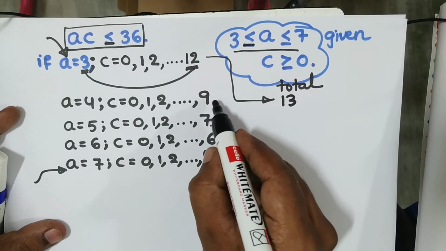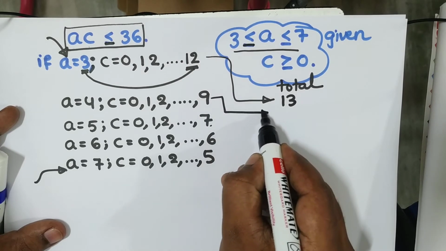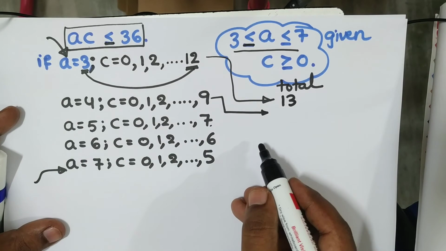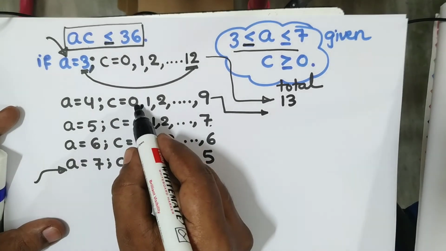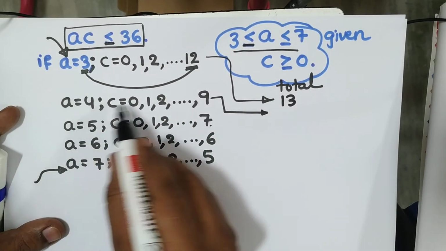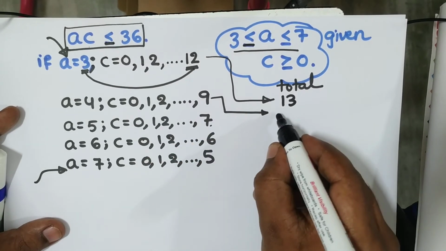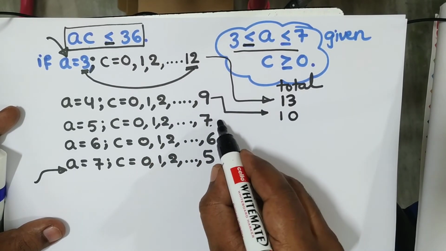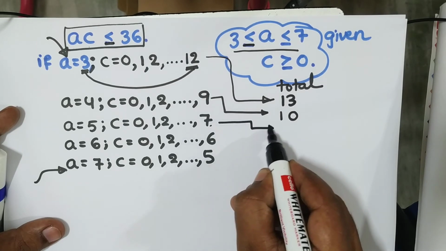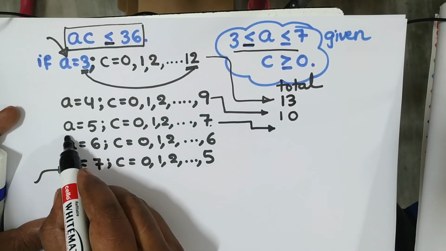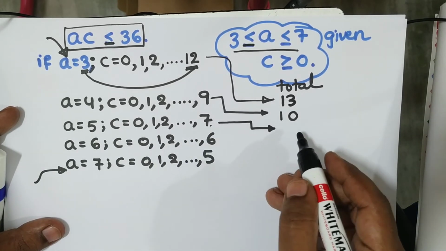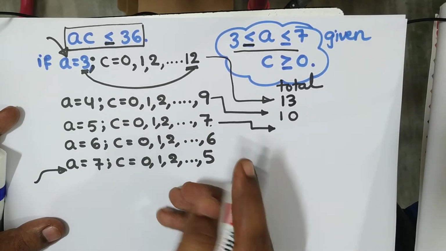Similarly, and whatever this one, how many cases, how many chances do we have? 4 multiplied by 0, 1 chance, and 4 times 1, and so on, you will get 10 times. Okay, and this one, for A equal to 5 and C equal to 0 to 7, how many? See, 0 to 7, how many do you have?